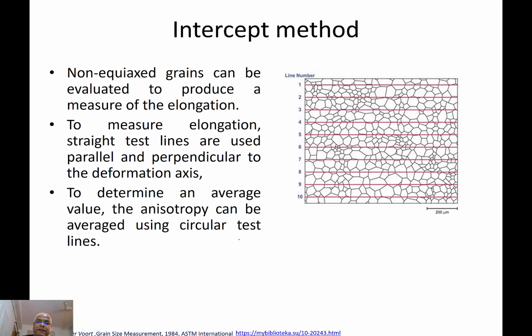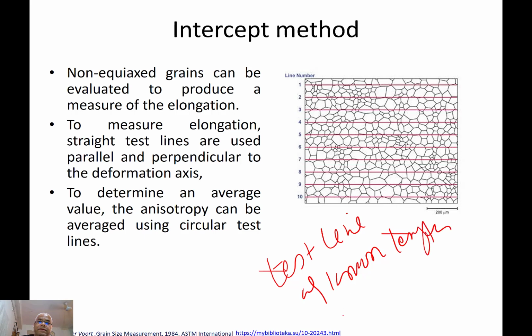In the intercept method, basically on the microstructure we draw test lines of known length. Say this is the microstructure, so we'll be drawing different lines, vertically or horizontally, anything can be done, and then we will be counting the number of interceptions of these lines with the grains or the grain boundaries.